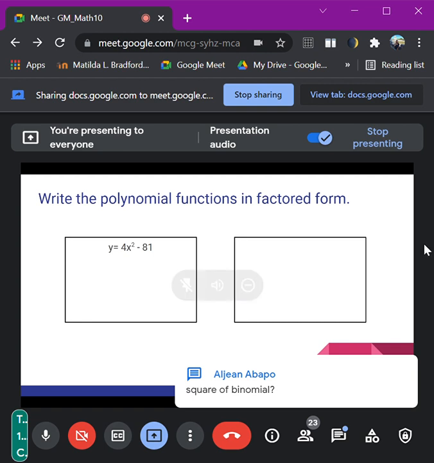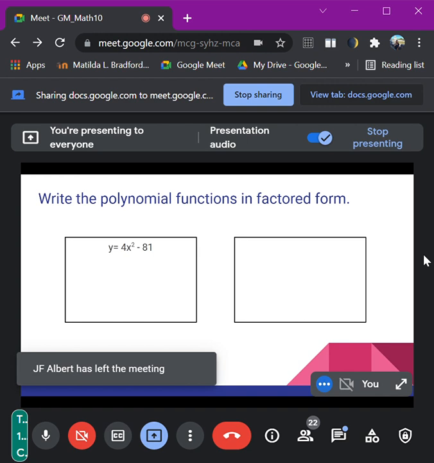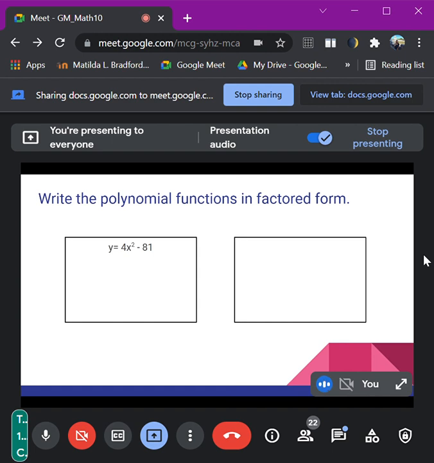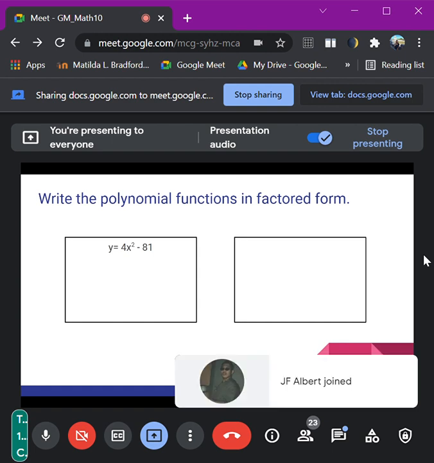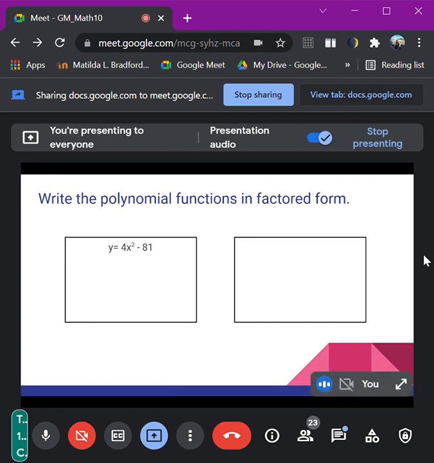Square of a binomial. Okay. Which is yes, square of a binomial. Or specifically, what about the 4 and the 81, are they perfect squares? Okay, very good. Perfect square.